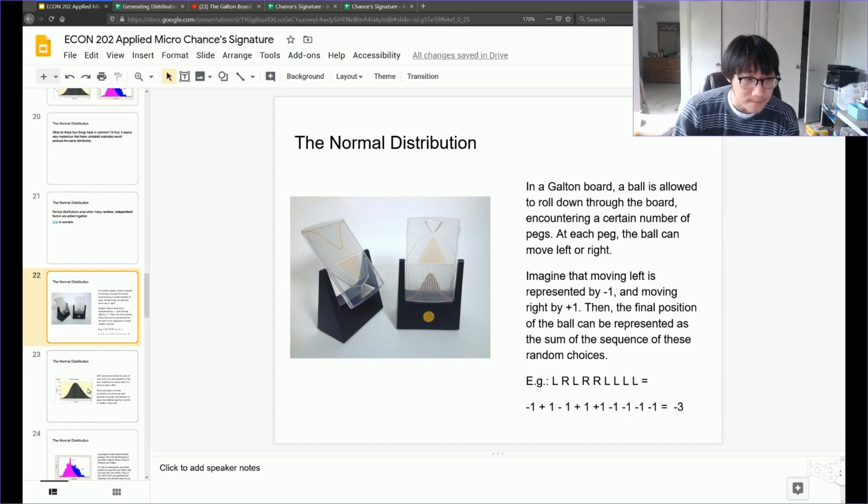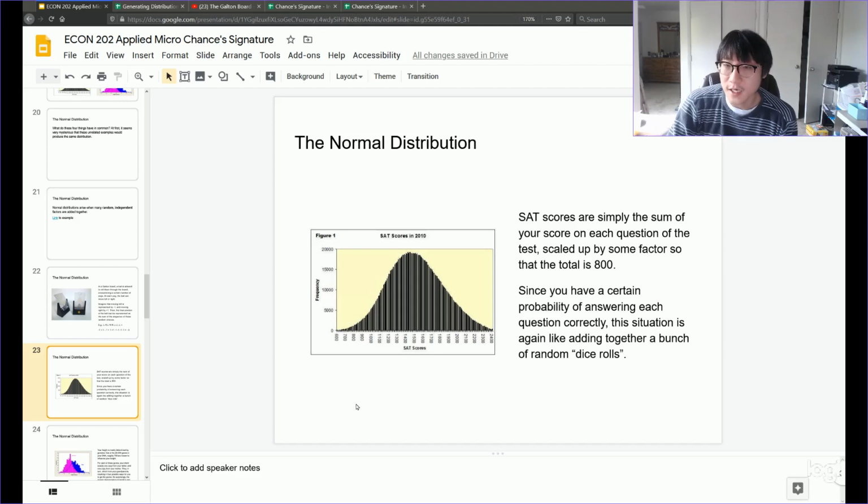Now you go, what about the SAT example? Well, same thing. Your SAT score is simply the sum of your score on each question on the test, right? Now, of course, they scale it up, so it's a larger number. But basically, your SAT score is just how many of those questions on the exam did you actually get right?